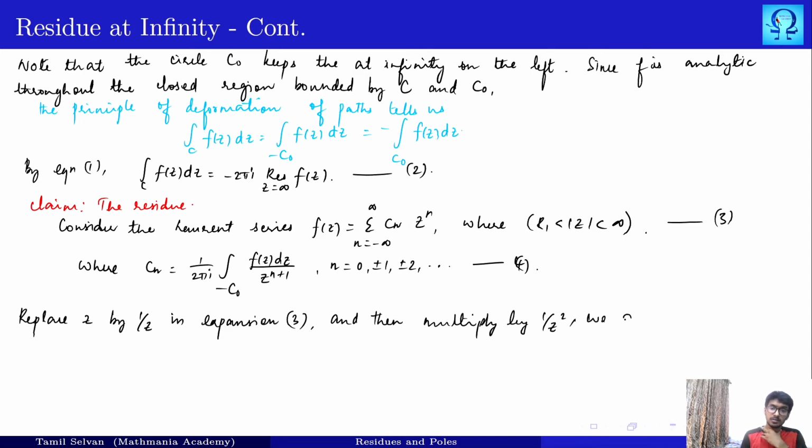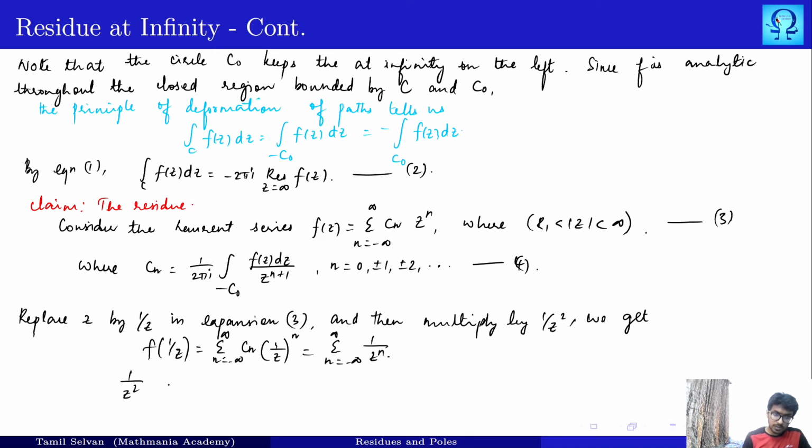When you replace z by 1 upon z, you get f of 1 upon z equals summation n runs from minus infinity to infinity Cn times 1 upon z to the power n.